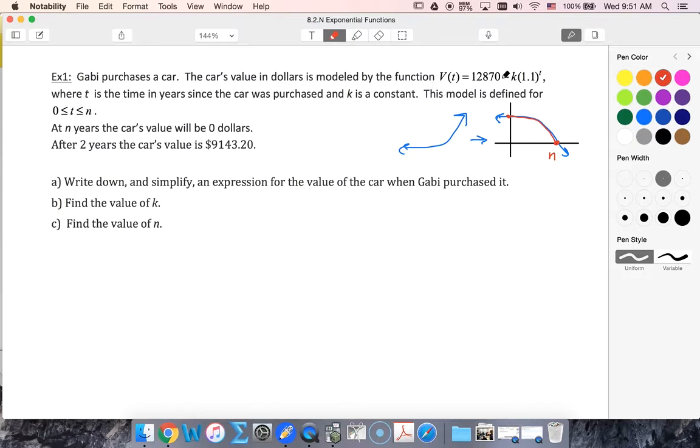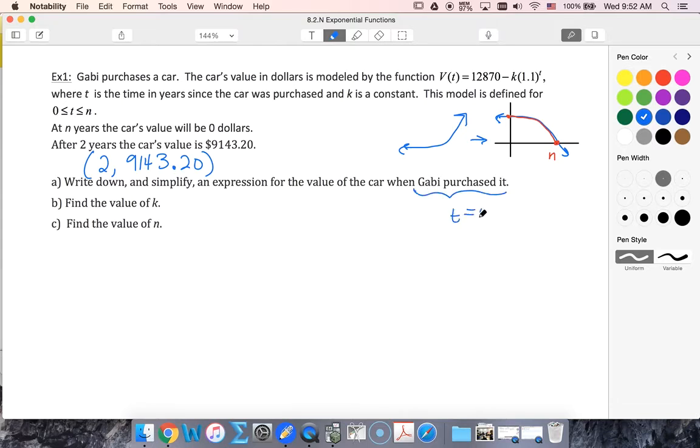So value and time are my two variables. So I know that this point means I go 2 years and my value is $9,143.20.